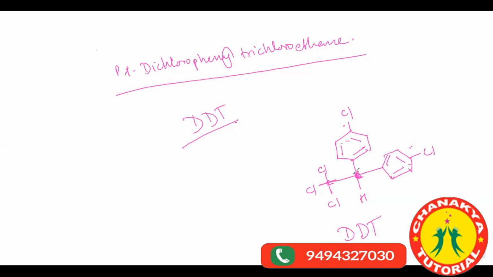This is trichloro, and 2 carbons are there, and hence its name is ethane. So this would be your parent, ethane, 2 carbons. Trichloroethane. Okay, dichlorodiphenyltrichloroethane. This would be the name for this compound, DDT.